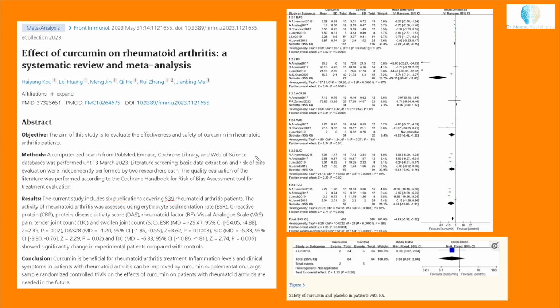So the patients had less pain, they had better range of motion, a smaller number of joints swollen or tender, they had improvements in markers of inflammation, and it was considered safe.